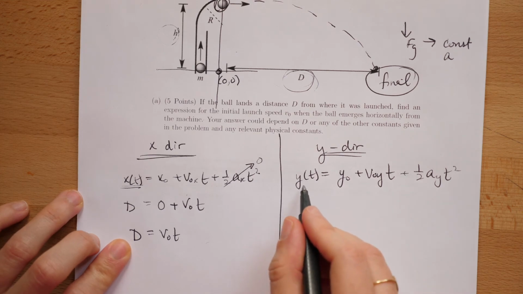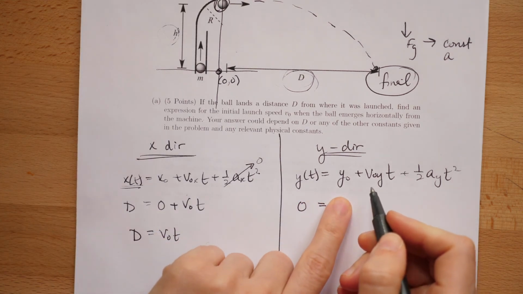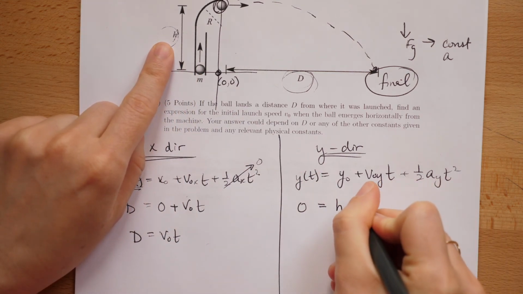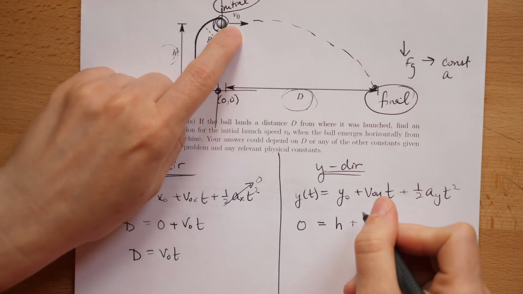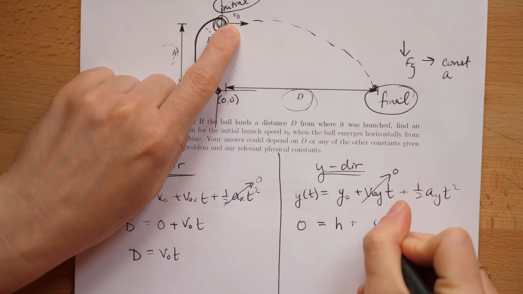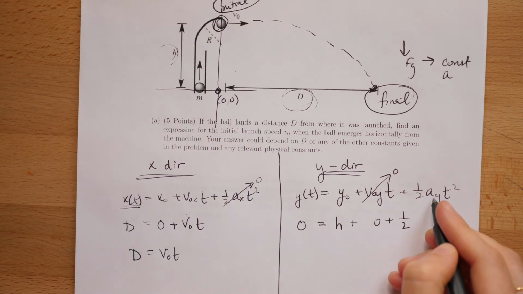In y, our final y position is 0. Our initial y position is h. Initially, the velocity is horizontal, so the initial y velocity is 0. And then we do have acceleration in the y direction.